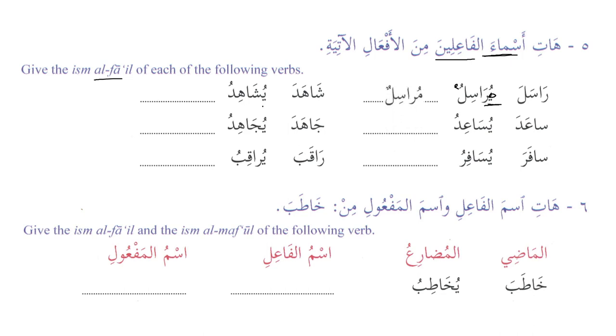Similarly, shahada yushahidu, and ismul fa'il will be mushahidun. Excellent, perfect. Sa'ada yusaidu, help. Musa'idun. Now I'm sure you can do the conjugation as well. راسل يراسل فهو مراسل، شاهد يشاهد فهو مشاهد. Similarly, ساعد يساعد فهو مساعد.